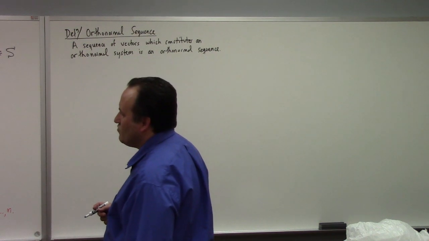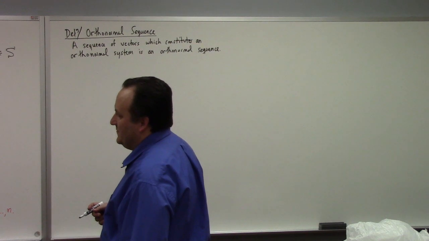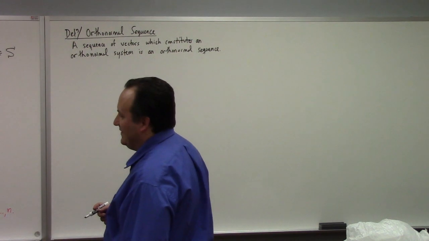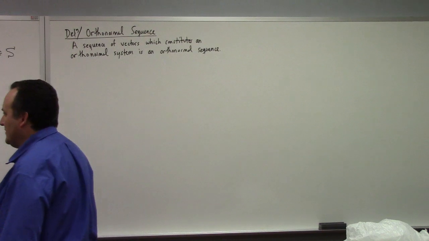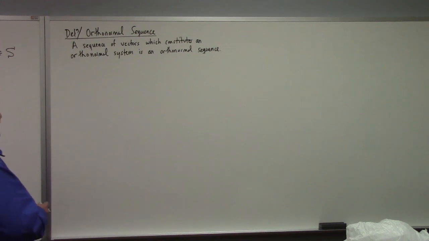I'm still a little bit perplexed as to why we're not saying set instead of system here. Maybe there are other terms and privileges that this word system entitles us to, but I would prefer to use the word set, unless maybe it's an ordered set.